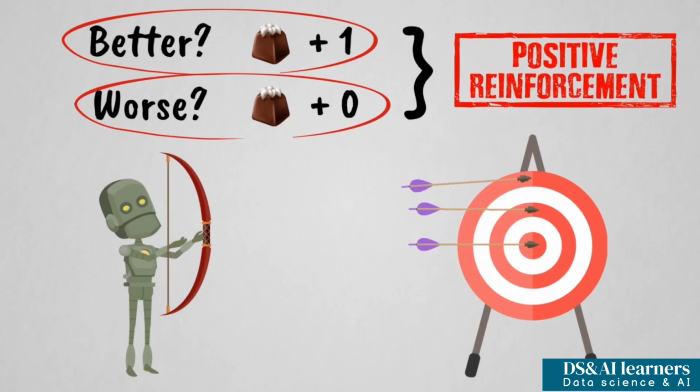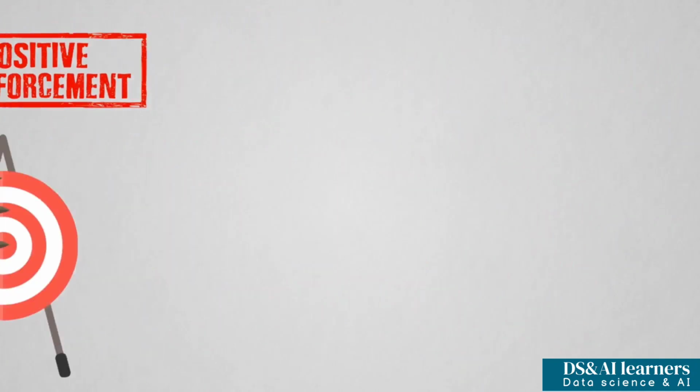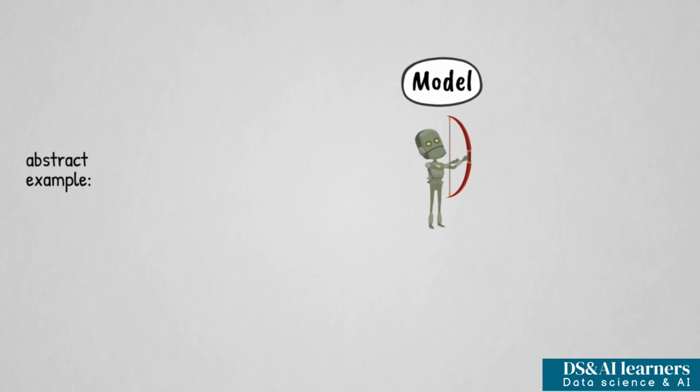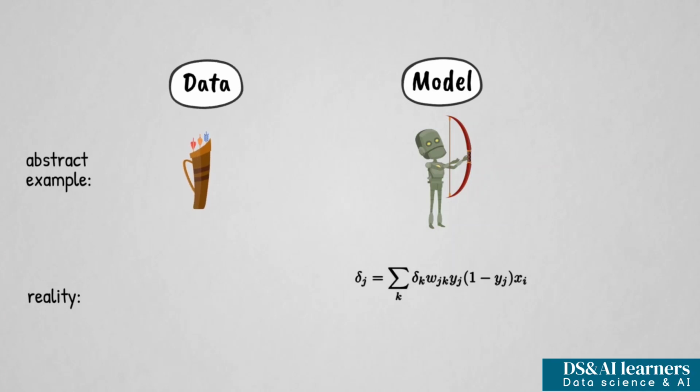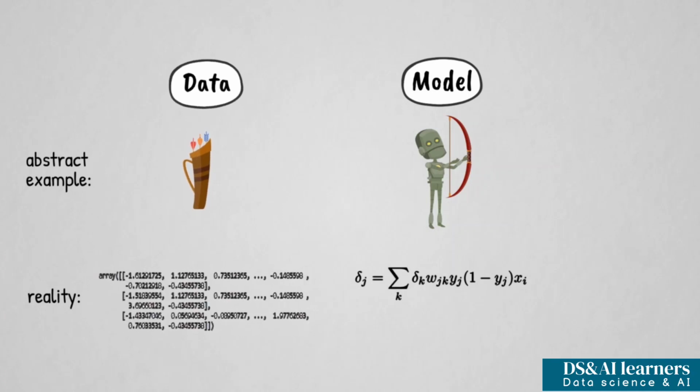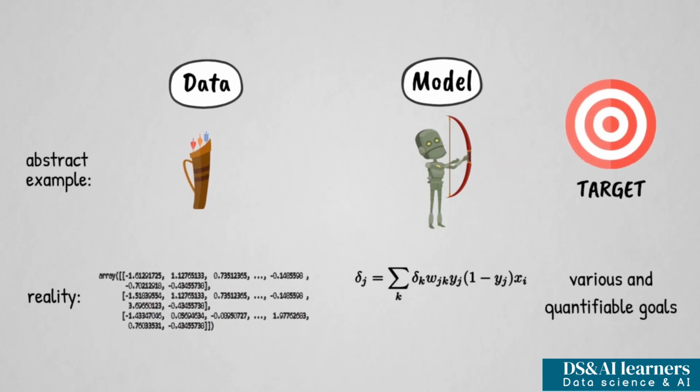Positive reinforcement. Awesome! In addition, don't forget the robot archer was an abstract depiction of what a machine learning model can do. In reality, there are robots, yes, but the model will be a highly complex mathematical formula. The arrows will be a data set, and the goals will be various and quantifiable.